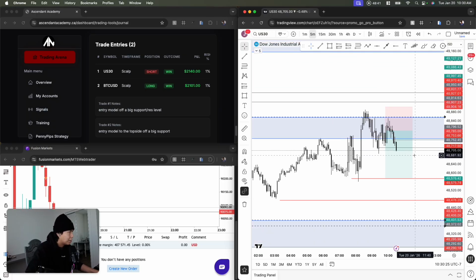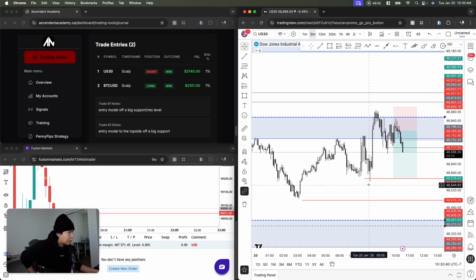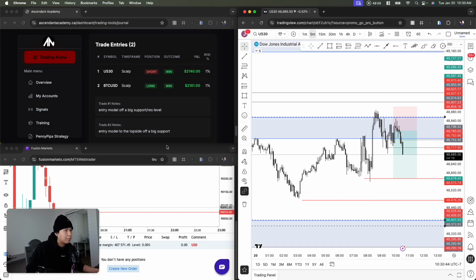But US 30 is starting to break, so it looks like we did trail my stop a little too aggressively. I probably should have just trailed it to $500 profit, because we would probably be in like $3,000 profit right now on this trade. So it looks like it's going to continue dropping to probably hit the second TP. Unfortunate, but either way, we still walked away with $2,000 on this trade, so I'm not terribly unhappy with that.